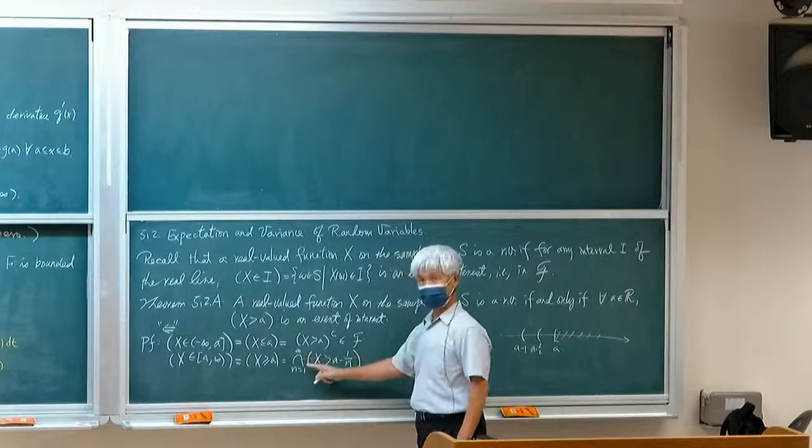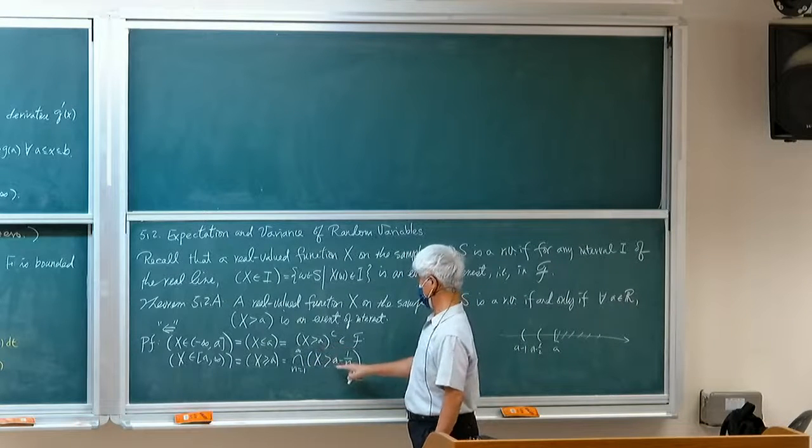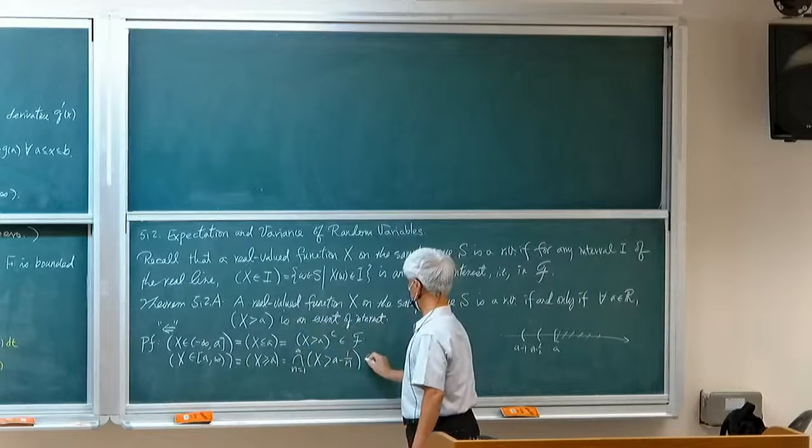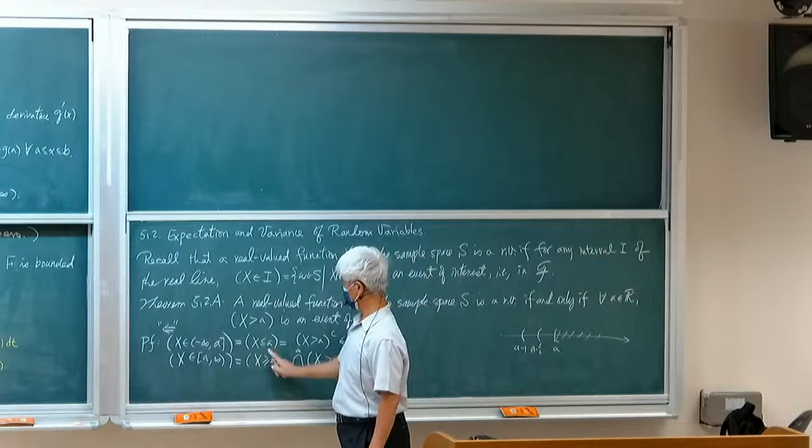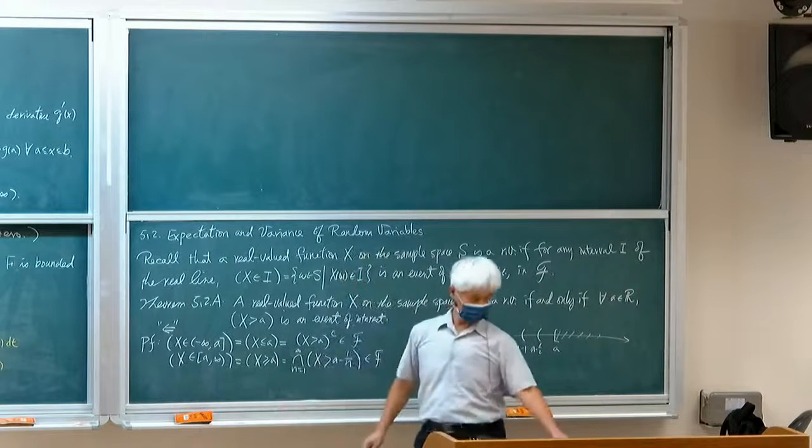We have a countable intersection of events, so it's also in F.